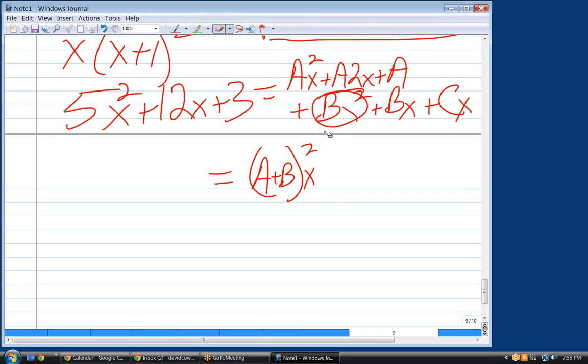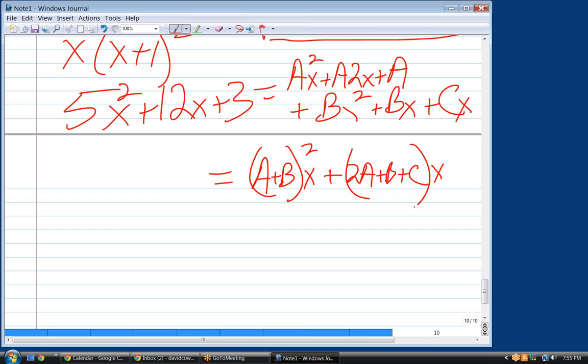How many x's do I have? I have a 2ax there, a bx there, and a cx there. So it would be plus 2a plus b plus c all times x, like that, plus one number, a.